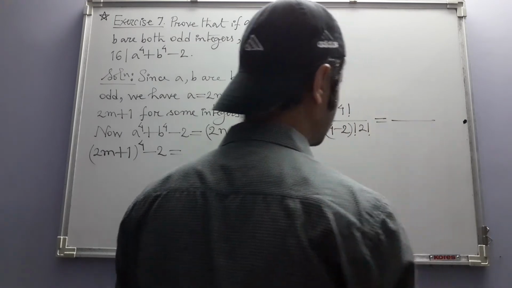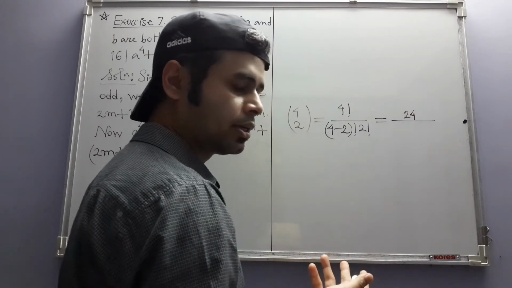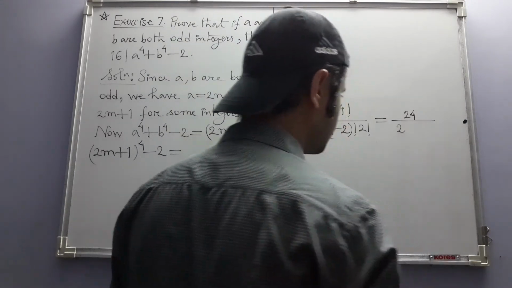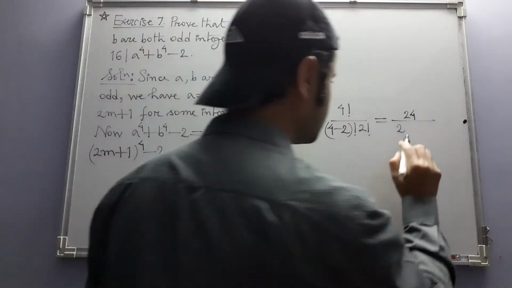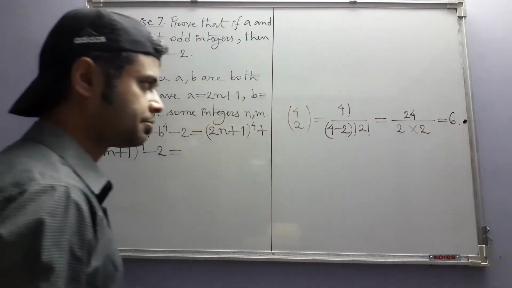In the numerator you have 24, that is 4 times 3 times 2 times 1. In the denominator you have 2 factorial times 2 factorial, which is 2 times 2. That means this is 6.